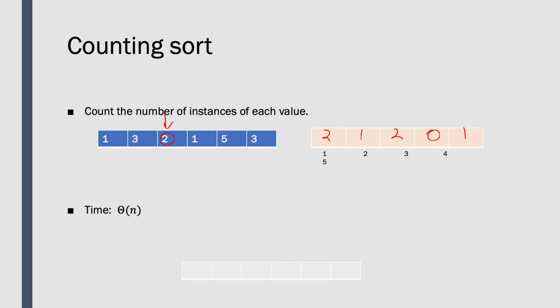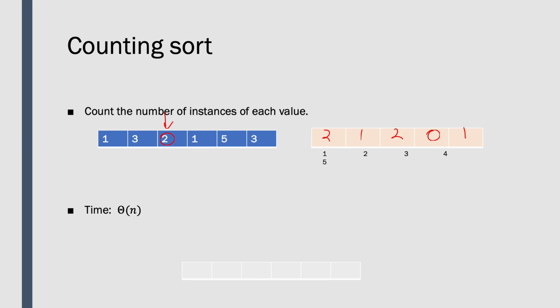So we create a count array, or frequency array, where the index represents the value from the input and the value at that index represents the number of occurrences. On first encountering 1, it increments count 1. Then it becomes 1, and it encounters 3, it increments count 3.